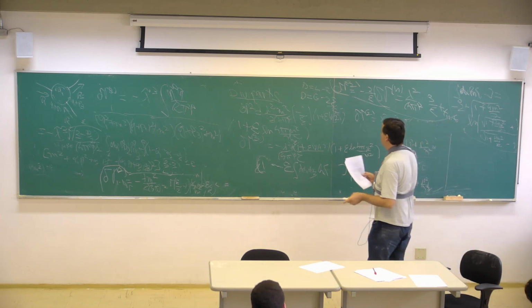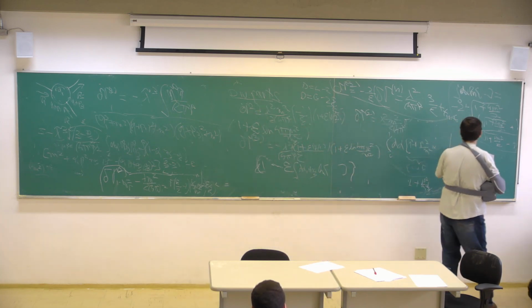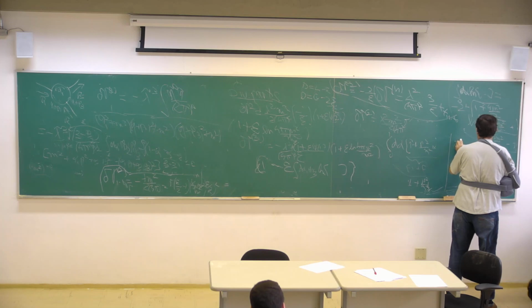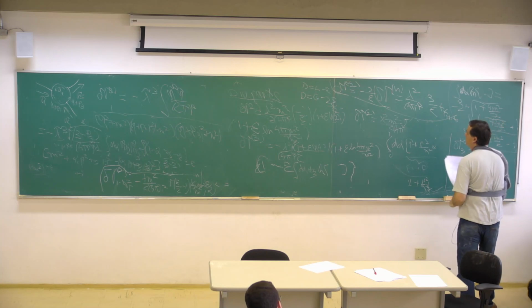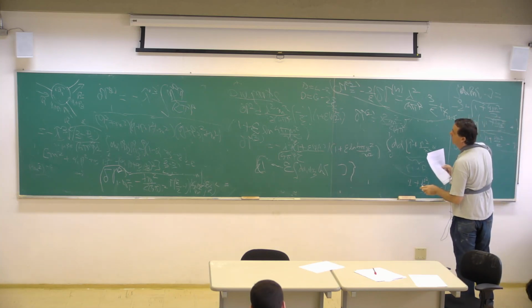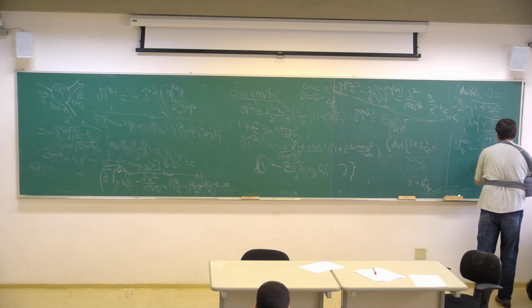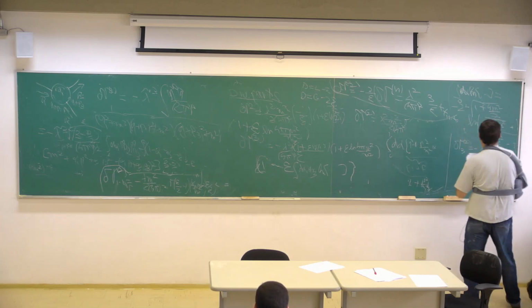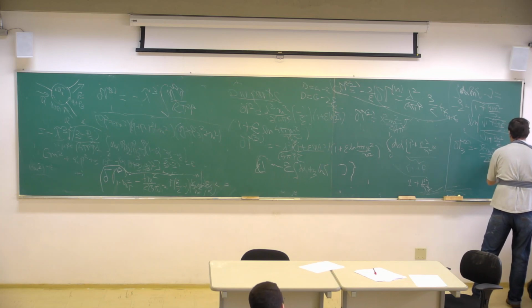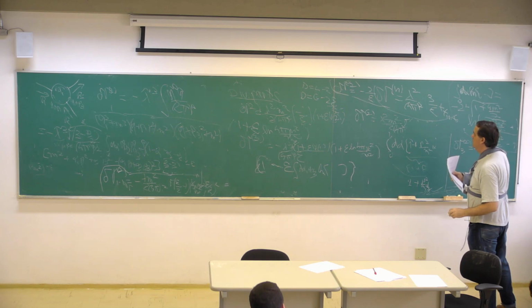So we've seen that for gamma 2, the divergent part was minus lambda squared m squared over 2 epsilon 4 pi squared. And that's it.